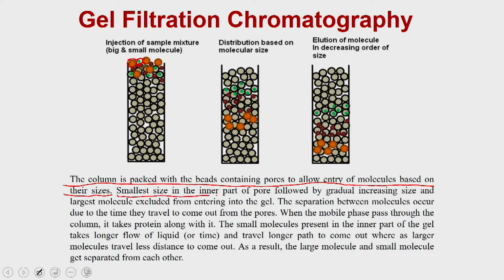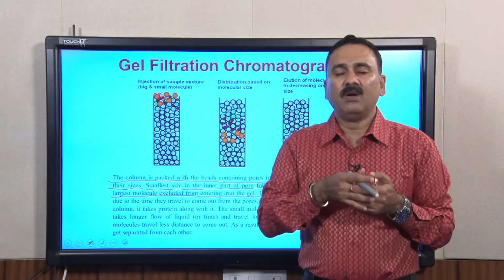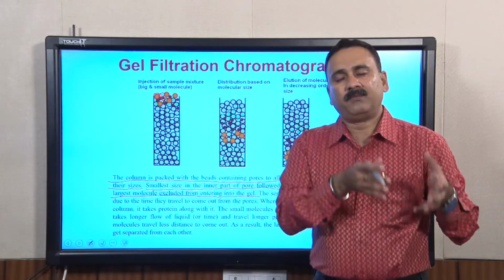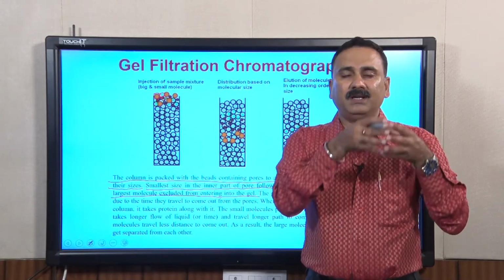So, the smallest size in the inner part of the pore, followed by gradually increasing size, and the largest molecule excluded from entering into the gel. This means here also the molecules are going to be distributed from the outside buffer into the buffer present inside the pores.